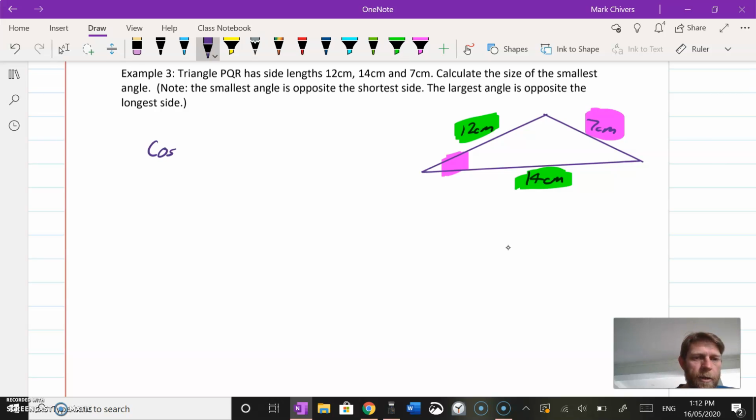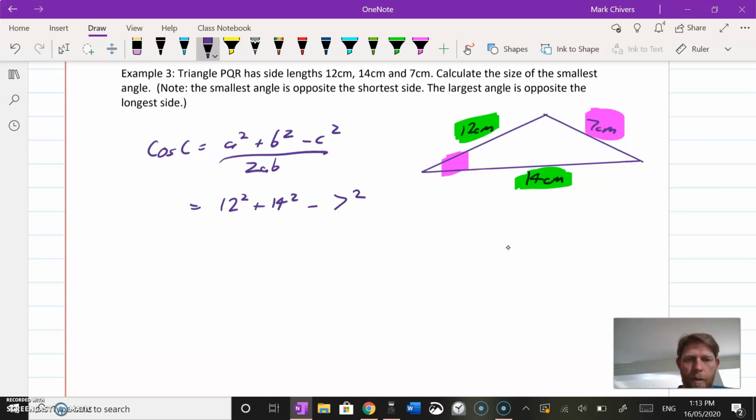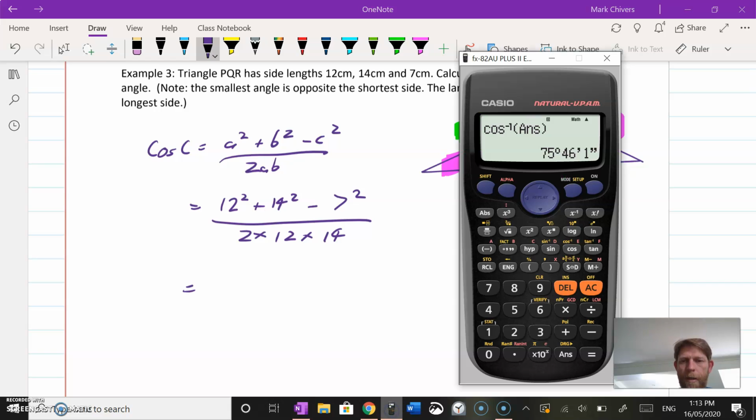Write out our formula. So cos C equals a squared plus b squared minus c squared all over 2ab. So that's going to equal, in this case, 12 squared plus 14 squared minus 7 squared all over 2 times 12 times 14. We'll plug that into our calculator.